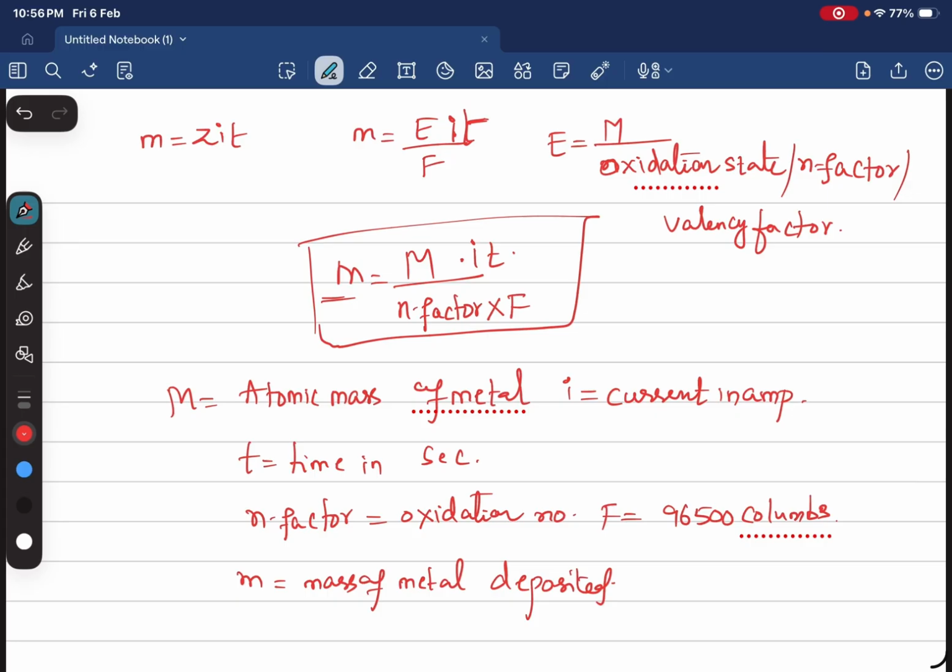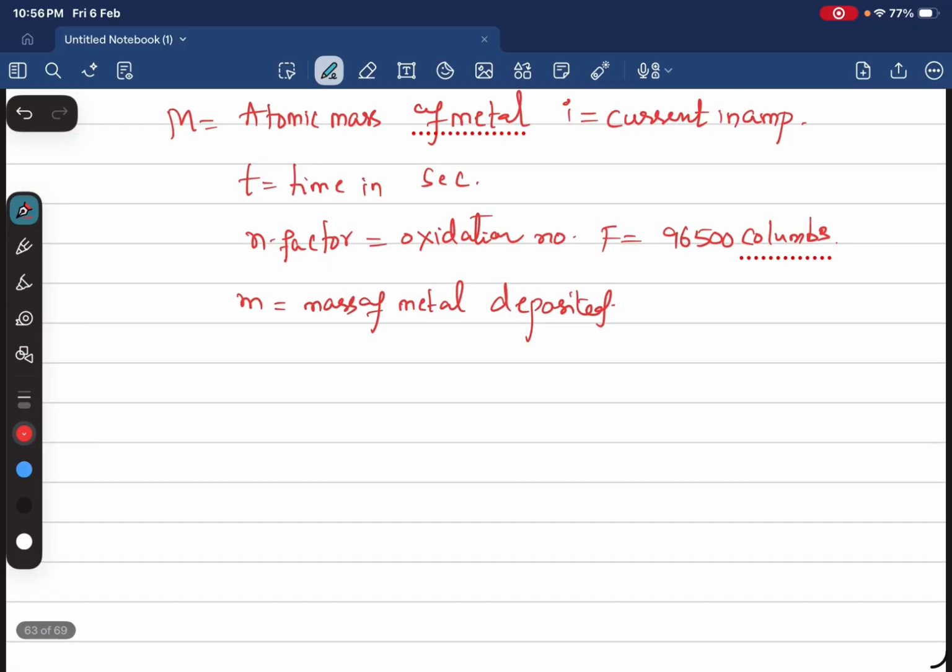Next one is current efficiency. Hope it is clear.